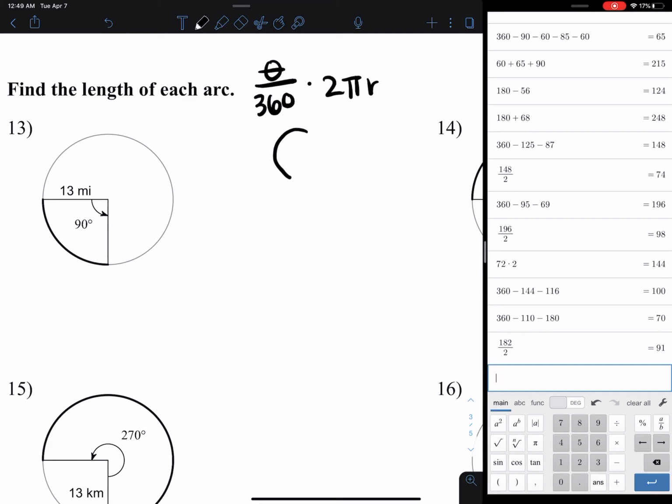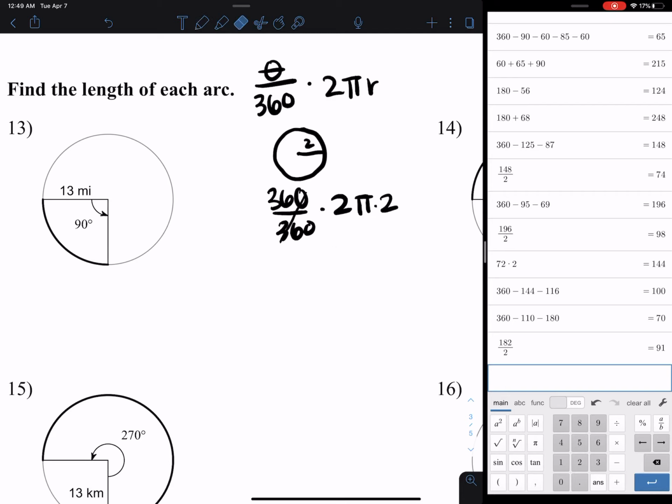So if, for example, you were given a whole circle with a radius of, let's say, 2, and we needed to find the arc length, we would do 360 over 360 times 2 pi r. Well, in this case, r we said is 2. So the 360 over 360, that's just 1 because it's the whole circle. So the answer here would be 4 pi. And that's the circumference.